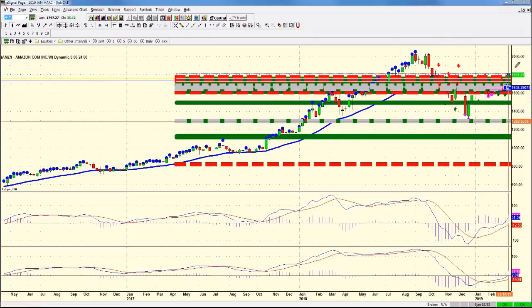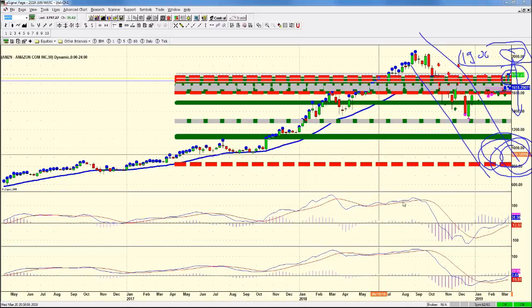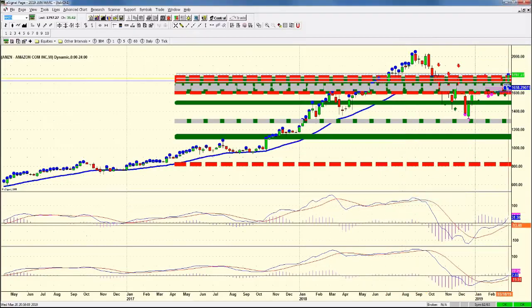You have to understand this 2000, 1900 on Amazon is going to be a big problem. As soon as Amazon goes there and recrosses this 1800, it's game over. That's that cross, recross. You will see Amazon within the next 3 to 5 years, I'll be here. At one point, you'll be able to get Amazon around the $900 range. And this is where you need to buy Amazon like crazy. Because I love the company. I don't like the valuation.